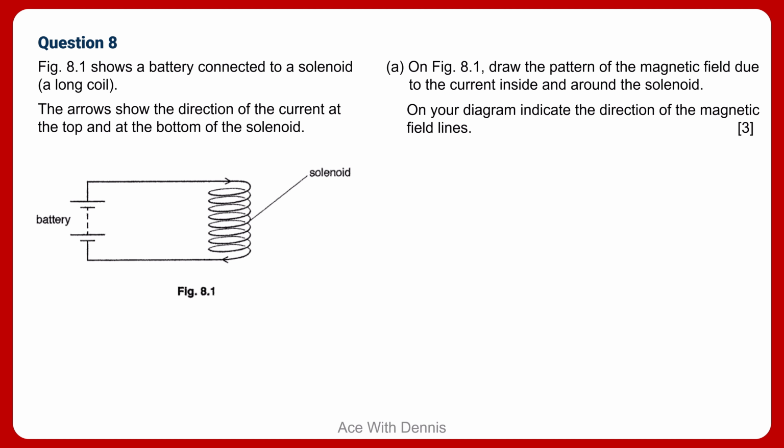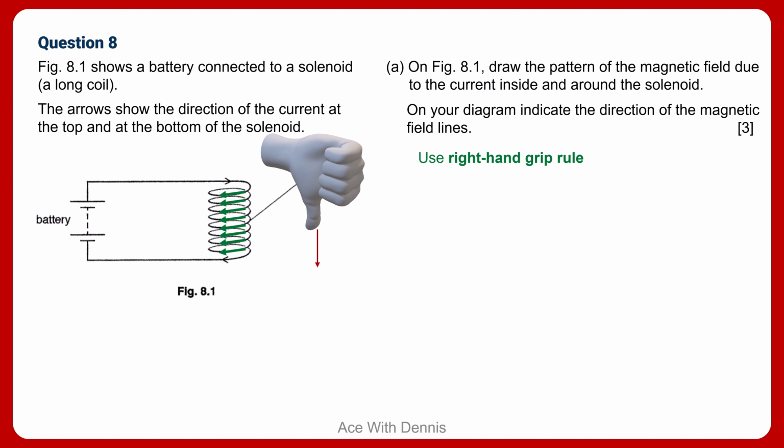3 marks. Okay, to draw the pattern of the magnetic field, we need to use the right hand grip rule. So first we identify the current flow, which is in this direction, and use your right hand, do it in this manner where your 4 fingers show the direction of the current, and then your thumb will be pointing downwards.